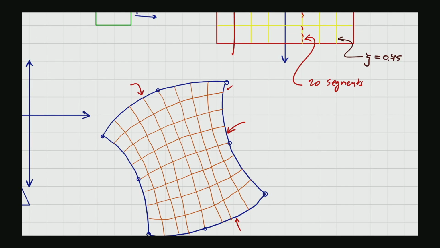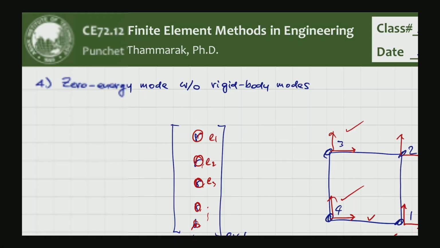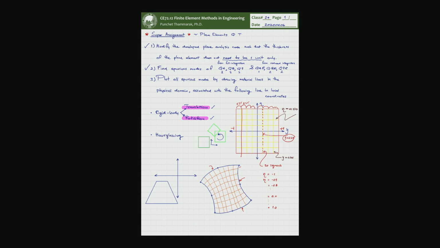That means eta is going to be -1, then -0.9, -0.8, and up to 0 and up to 1.0. So you are having in total 21 points, 21 coordinates.